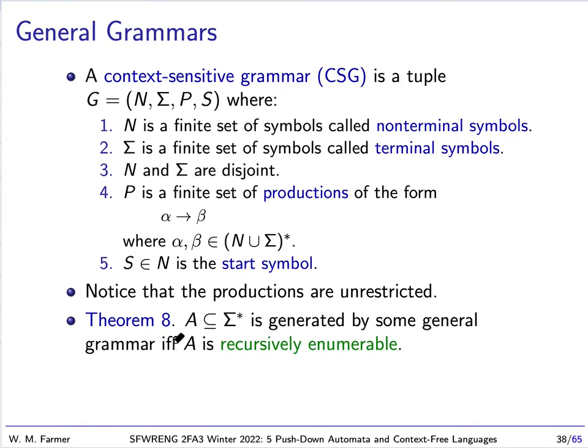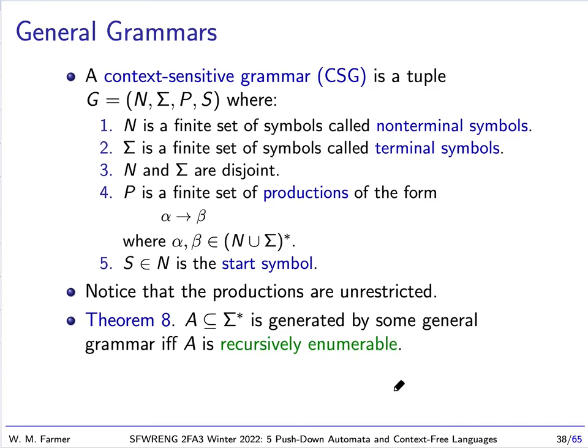And there's a theorem that says that any language that can be generated by a general grammar is going to be recursively enumerable, and a recursively enumerable language can always be generated by some general grammar.